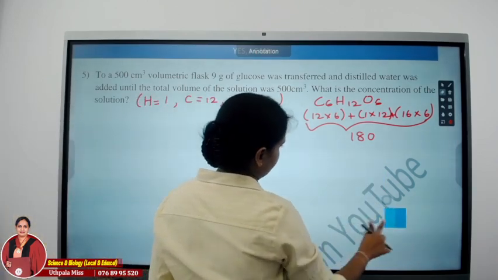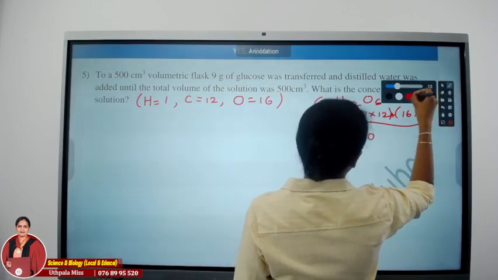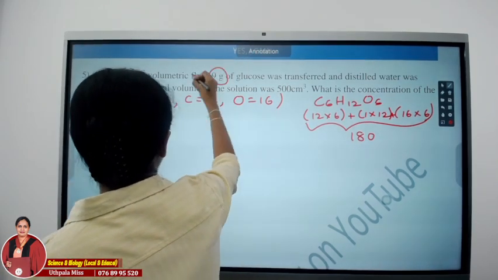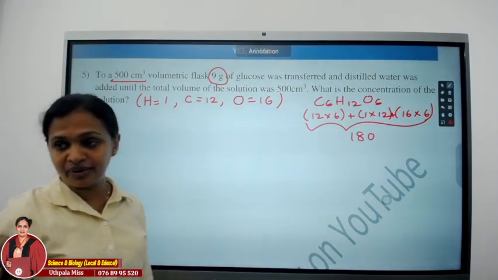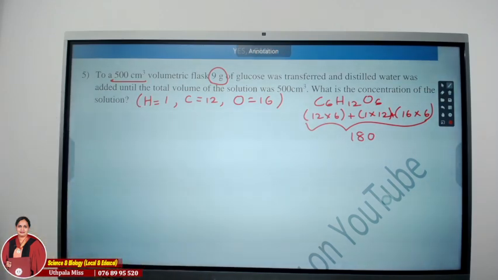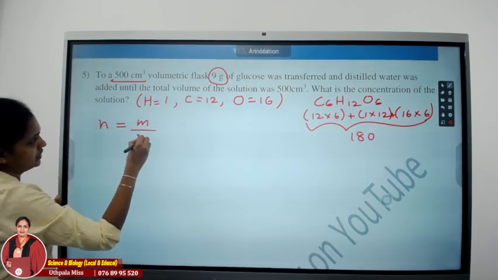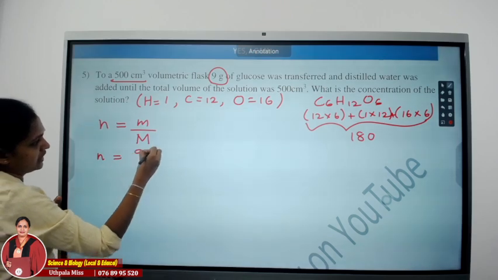Right. Look at what data is given. You are given the volume as well as the mass of glucose. Since you are given the mass of glucose, you can find the number of moles of glucose. Number of moles equals mass divided by the molar mass. The mass of glucose is 9 grams.